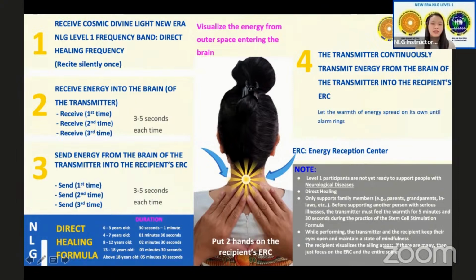So when you hold it like that, it can be quite sore afterwards. And also if you apply too much pressure, the person would not feel very comfortable at all. So the tip is to maintain a comfortable distance between you and the recipient. Let's say you're sitting at a similar height, making sure that you're really, really comfortable, because it's going to be 5 minutes and 30 seconds for a recipient who is above 18 years old.